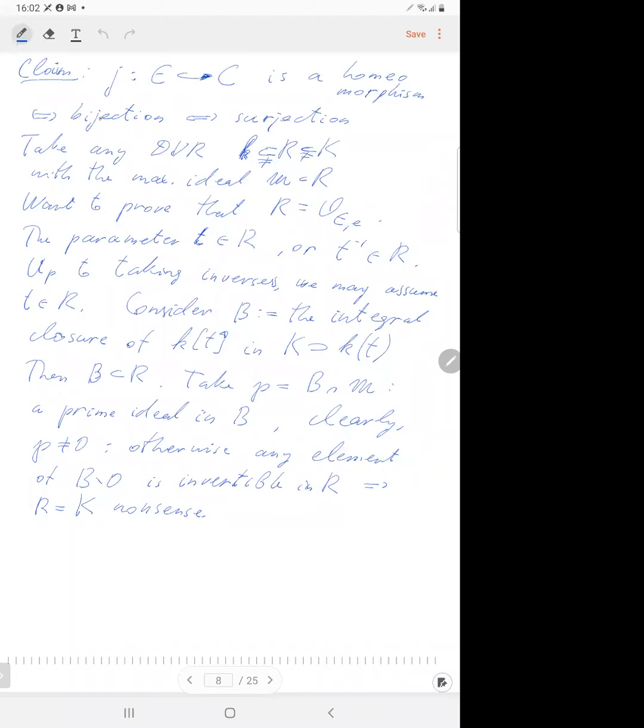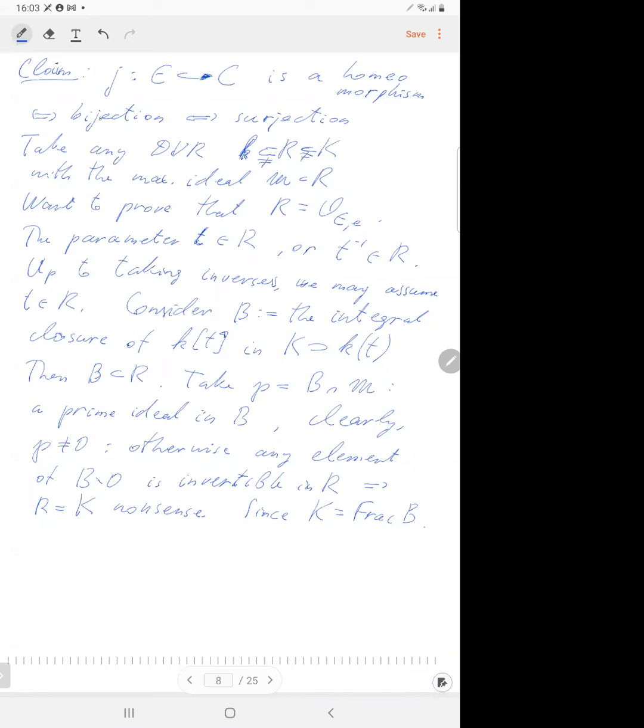Yes, but you see, K is certainly the field of fractions of B, right? Because just by construction, B was the integral closure of something in this field, capital K. So in particular, it means that the field of fractions of B must be K by definition. Yeah, thank you. Welcome.